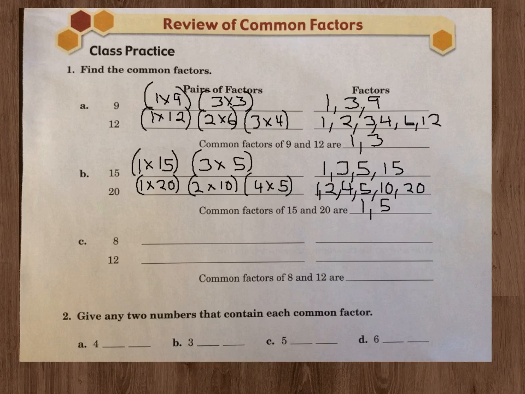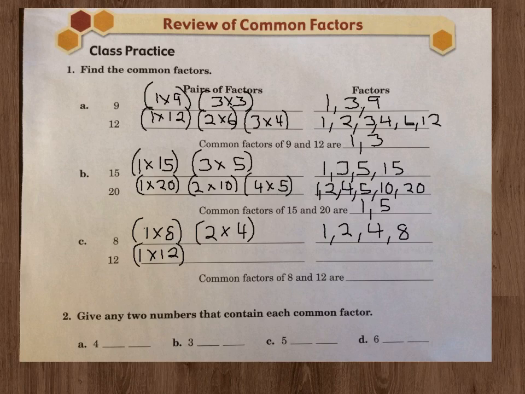C. We have the number 8, so 1 times 8. And then if it ends in a 0, 2, 4, 6, or 8, we know 2 goes in it. Ends in an 8. 2 times 4. And so our factors would be 1, 2, 4, and 8. 12. 1 times 12. If it ends in a 0, 2, 4, 6, or 8, 2 goes in it.